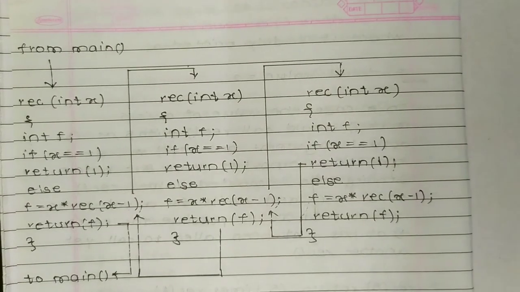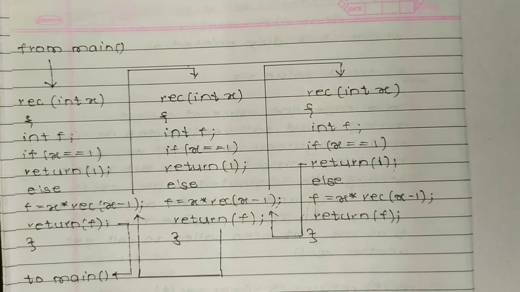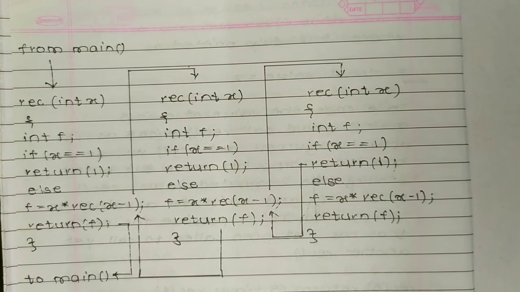Now rec is 1, that means it will be compared in the if block, that is x equal to 1, so x is 1 now. So if x is equal to 1 means 1 is equal to 1. So x is 1 now, so it will be returned to main. That is how this recursion function is working.